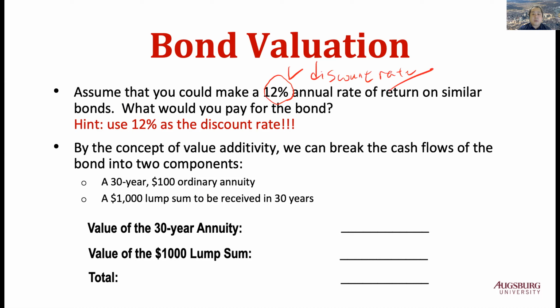With this discount rate, let's calculate the present value of the coupon payments and par value. The present value of the coupon payments will be a 30-year annuity.